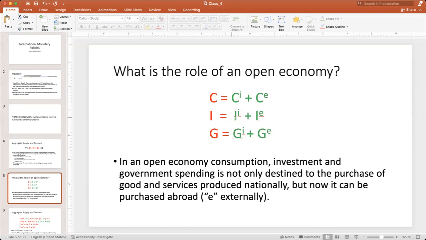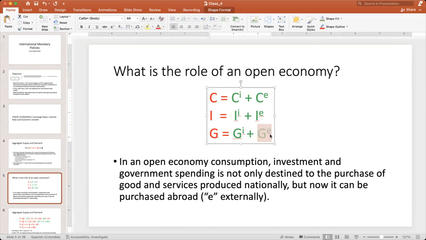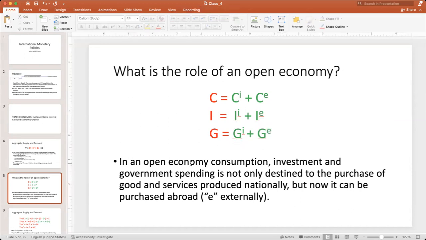The total investment is the investment produced domestically plus the investment produced abroad. And the government expenditures are the sum of the public goods produced domestically and the public goods produced abroad.